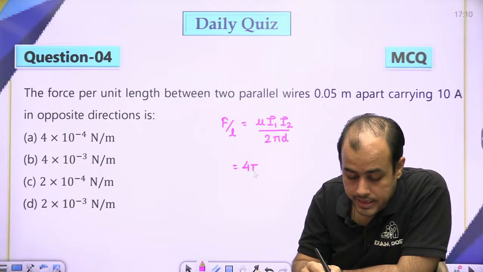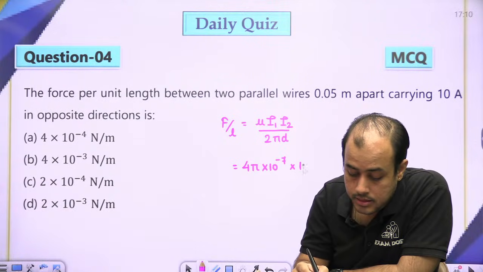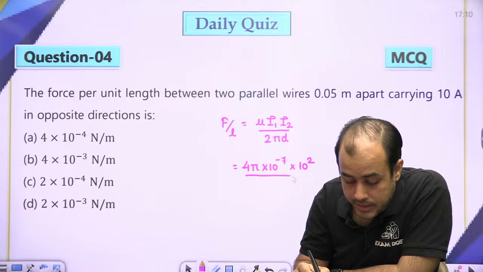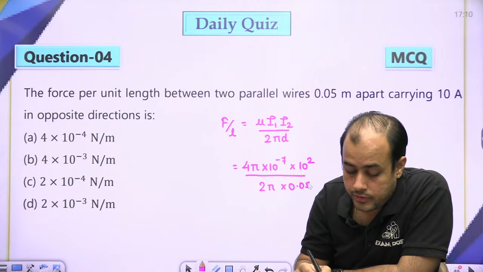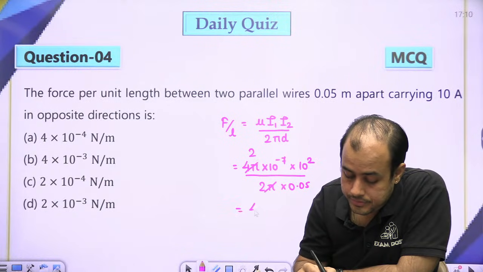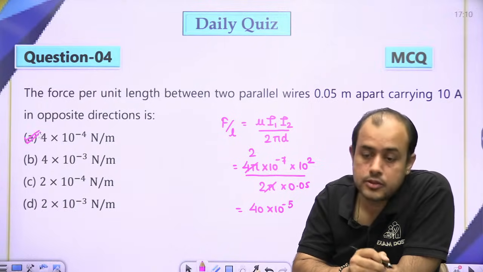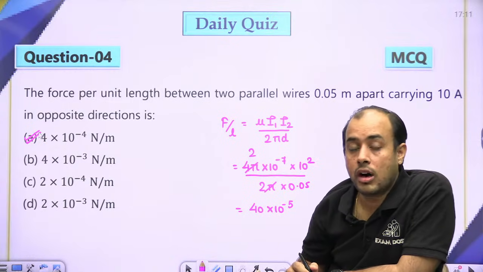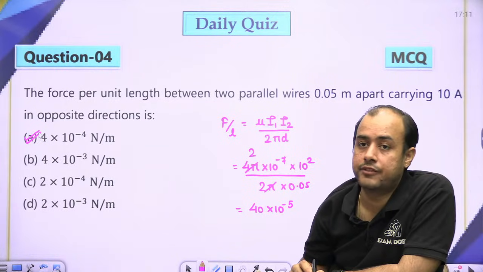Now, since the medium is not given, assume it to be vacuum. They both are carrying 10 ampere current. 2 pi 0.05. So 2. 200 by 540. So 4 into 10 to the power minus 8. And because they are carrying in opposite direction, they will be having repulsive force.